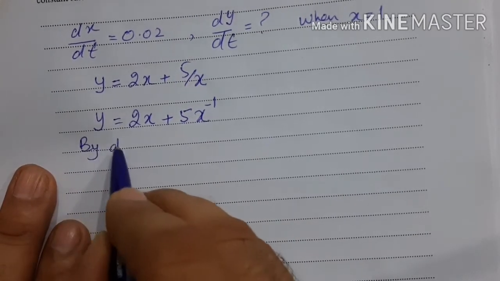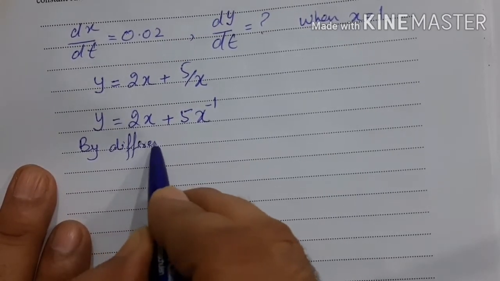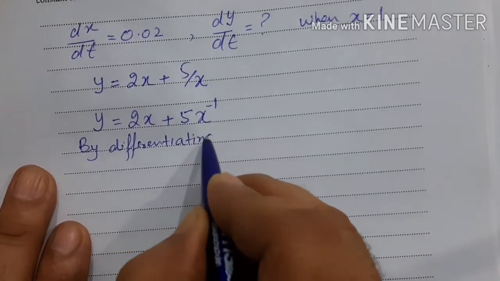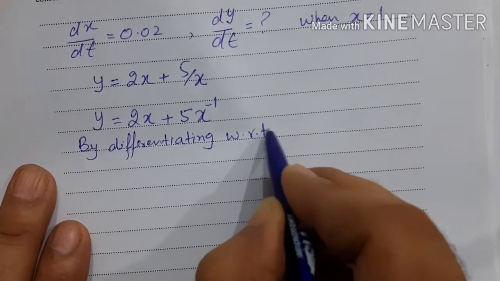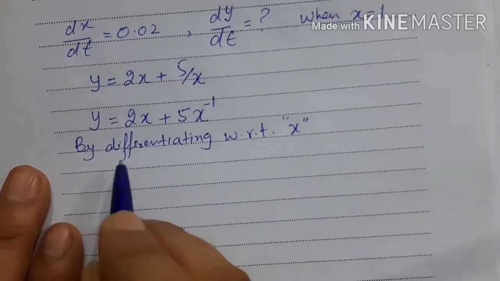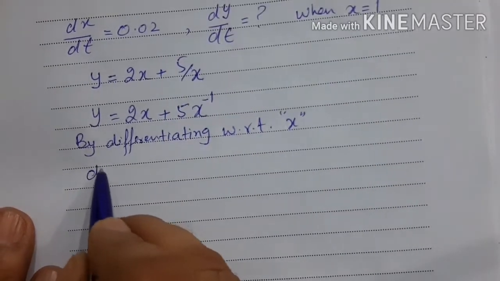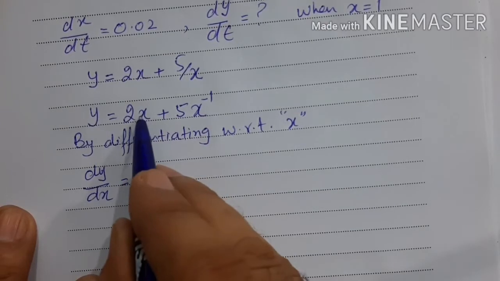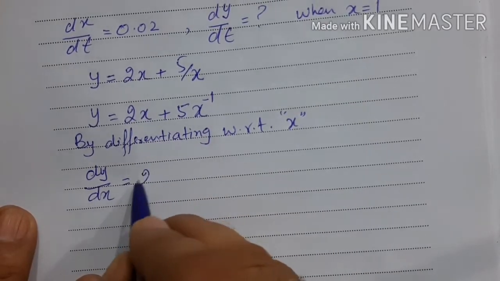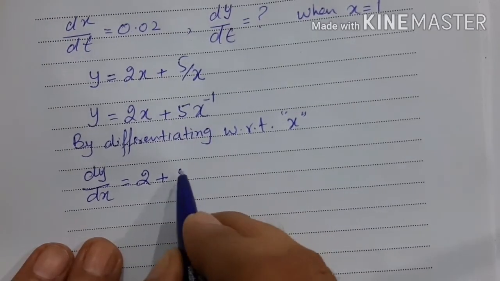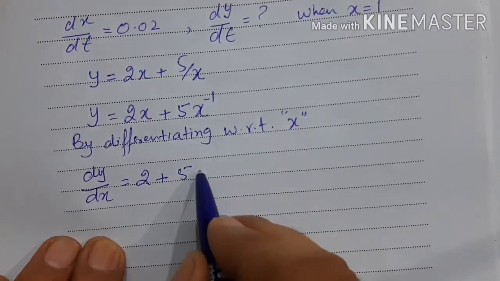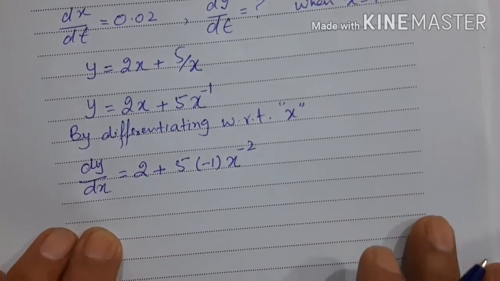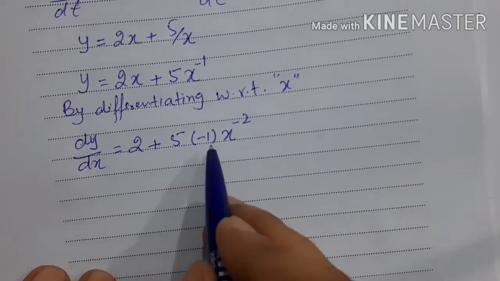Now, by differentiating with respect to x, this will become dy by dx is equal to the derivative of 2x, which is just 2, and 5, and this will be minus 1 x raised to power minus 2. This is the differentiation of x raised to power minus 1.